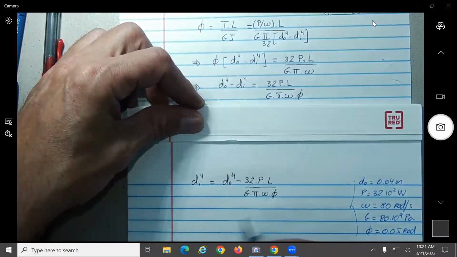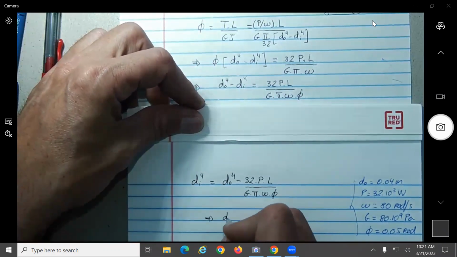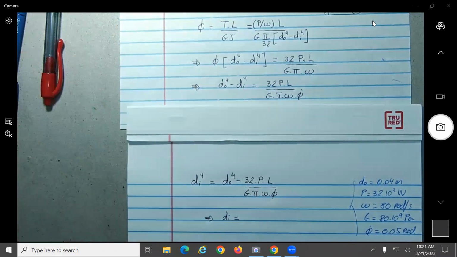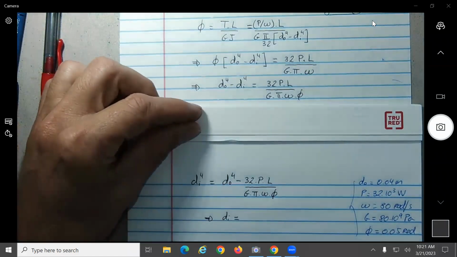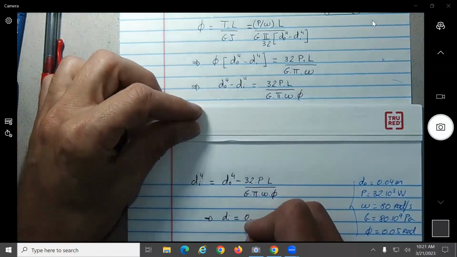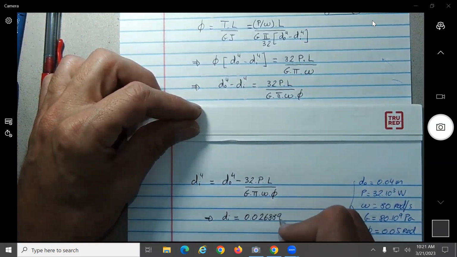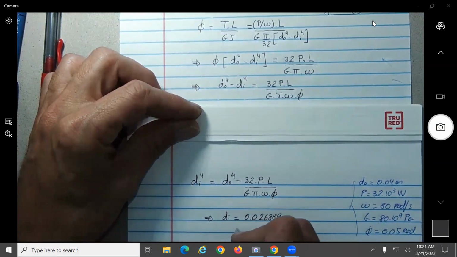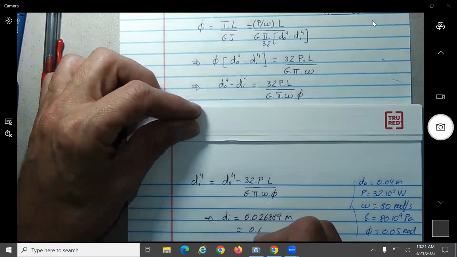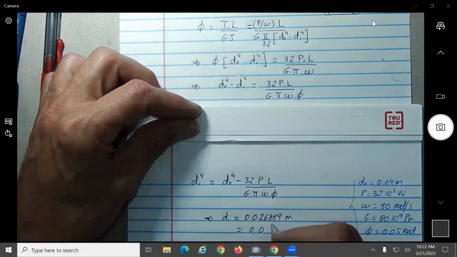So if you plug this data over here, it gives you that d inside would be equal to 0.06889 meters, which is approximately, let's say 0.026889.